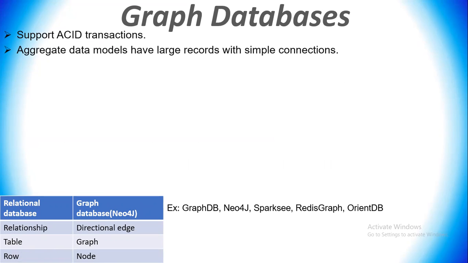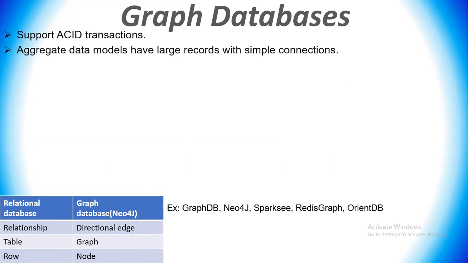Now we'll have some analogy between aggregation and this model. In the aggregation model, a single row can contain a large amount of data.